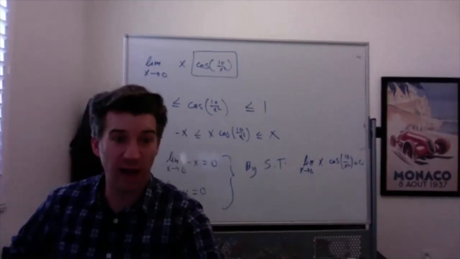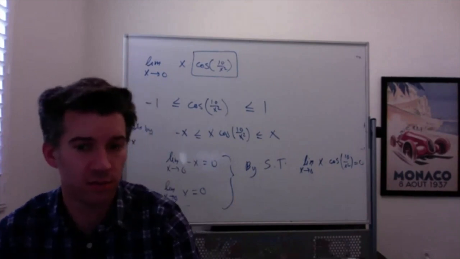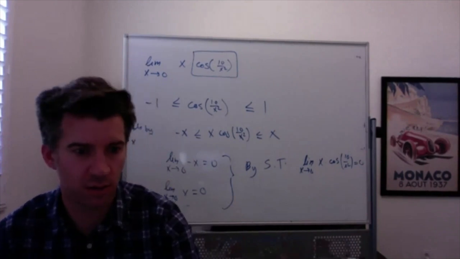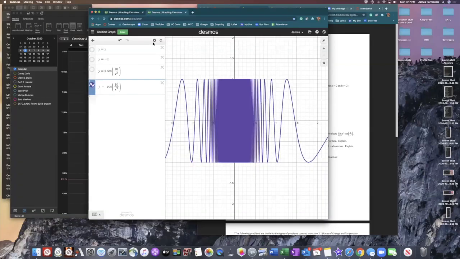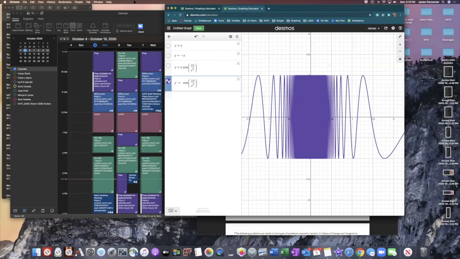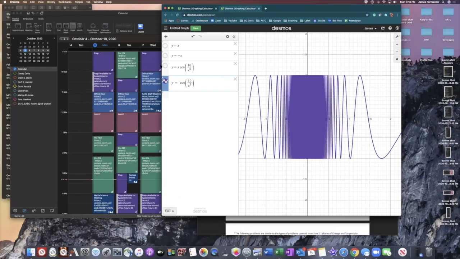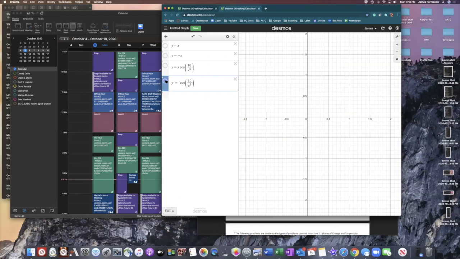Here's what's happening graphically. So back to this for a second. I'm going to turn this one off. So there's y equals -x, and we see that as the x values go to 0, the y values go to 0. Here's y equals x, same deal. As the x values get closer to 0, the y values also get closer to 0. And now here is x times cosine of 10 over x squared.